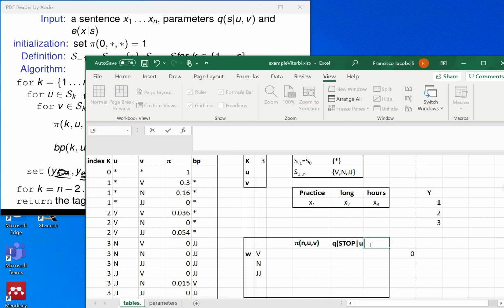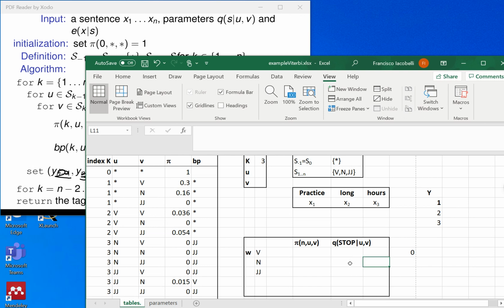And there's no emissions. Here I'm going to vary u and v, just for simplicity, over the set of tags. I'll just put u and v for the max.